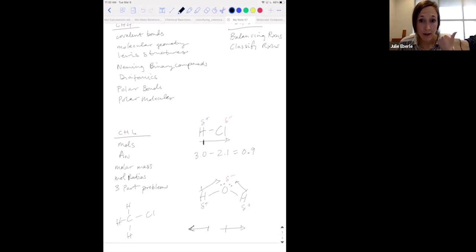So yeah, I got to calculate the electronegativity difference for a carbon-hydrogen bond and a carbon-chlorine bond. But you don't have to do it 4 times because carbon-hydrogen is going to be the same number every time, right? Okay. I hope that helps. All great questions. Claire, when it's symmetrical, you could end up with a situation like this where your dipoles cancel. Okay? That's like a molecule of CO2.